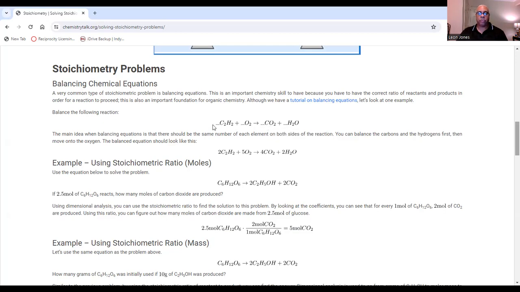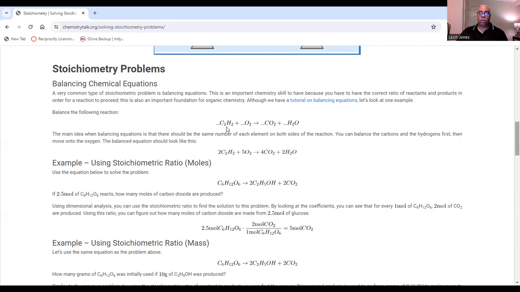So the first coefficient I'm going to find is 2. Why? Because I'm going to need to make this H2. Well, it's actually going to be 2 times 2.